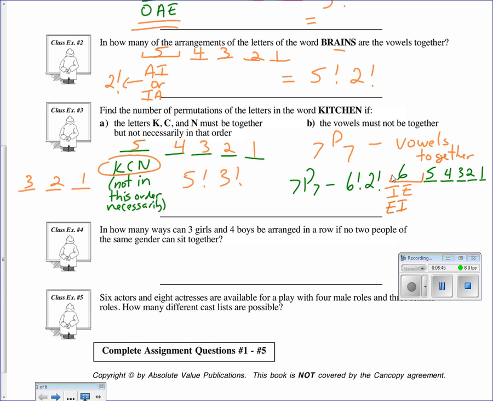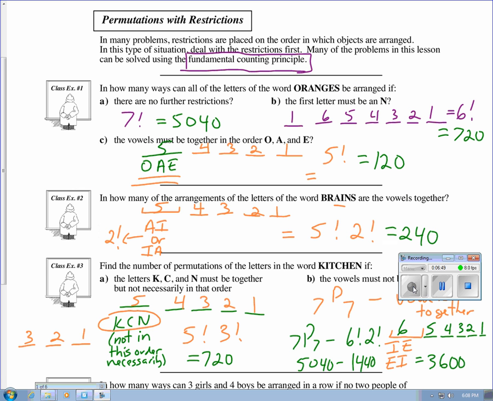Can you get numbers for these last answers? So I've gone back and figured out some of those factorials. 7 factorial is 5040. 6 factorial is 720. My answer for 1C is 120. My answer for class example 2 is 240.